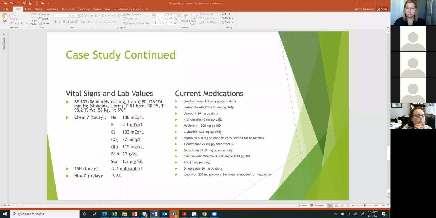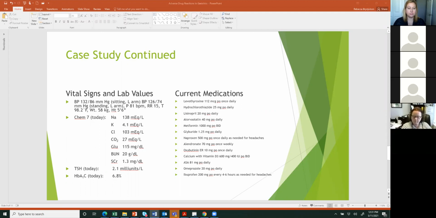If we were looking for levels that were out of the normal range, we would see that the glucose is slightly elevated. Also not unexpected for a patient who has diabetes to have a glucose that's slightly elevated. The serum creatinine is slightly elevated as well, outside of the normal range, but again, not uncommon for an older individual. When we look at serum creatinine, looking at trends is important.